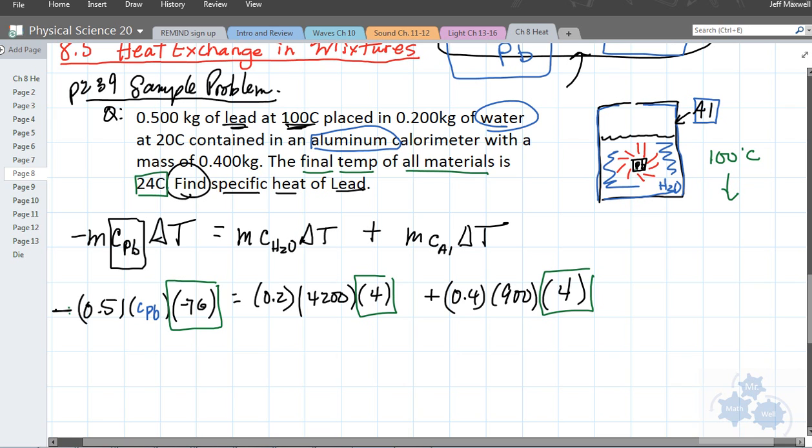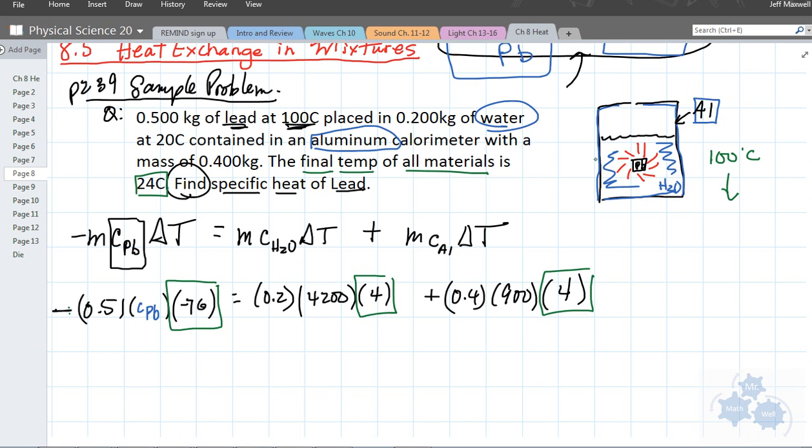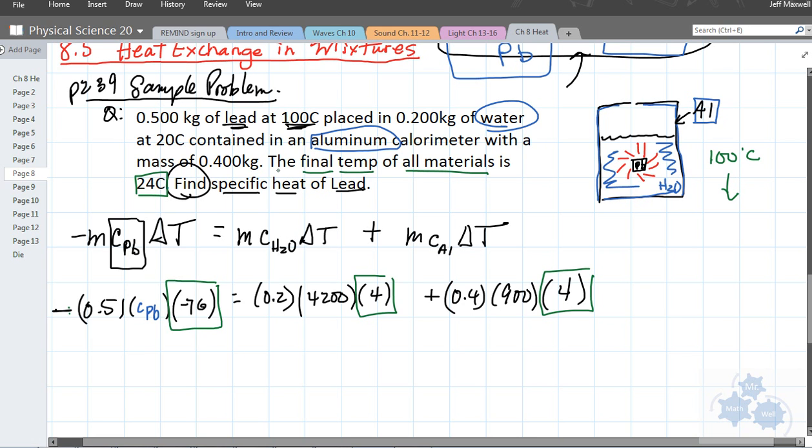In any situation where you have a really hot, high energy object and a cool object it's coming in contact with, at the very end they are going to settle on some equal temperature. They pass energy back and forth until they are equal in the amount of energy they have. That's a settled, comfortable state for everyone. So all of these materials are going to have the same final temperature.